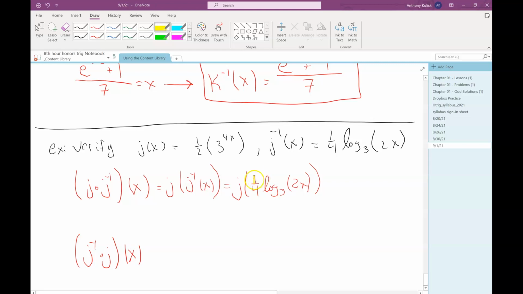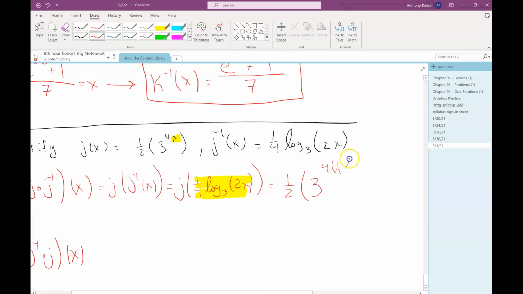And then what I'm going to do with that is plug it into the x in J of x. So far, so good.